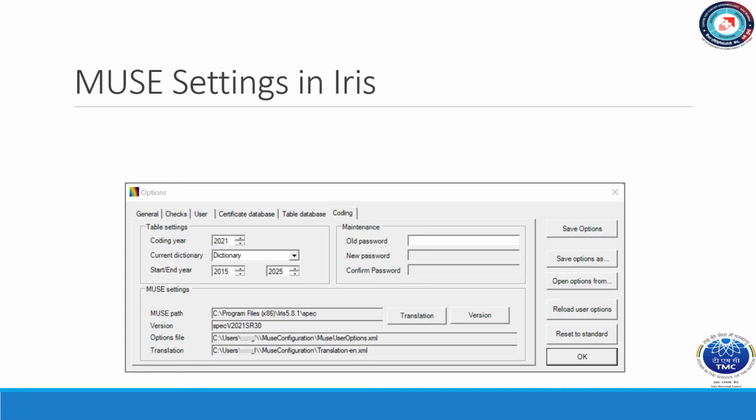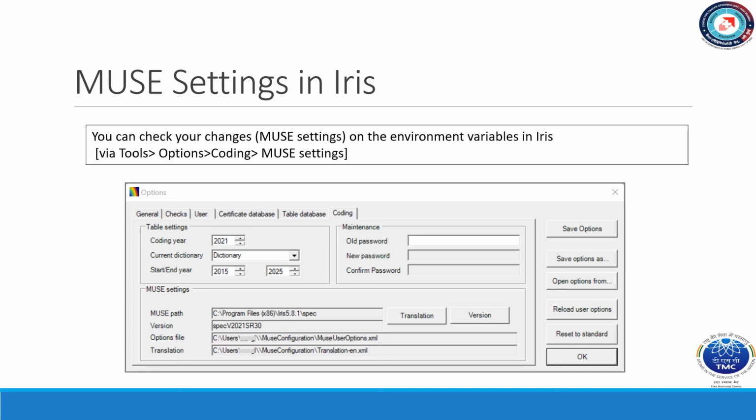Lastly, let's check out the Muse settings in IRIS, as they can be customized according to our work systems. We have to traverse to the Tools to the Options window and select the Coding tab within it. In the Muse settings group box, we are needed to select the appropriate paths for the Muse specification file as provided by IRIS Software Setup, along with the Muse user option and translation XML files.